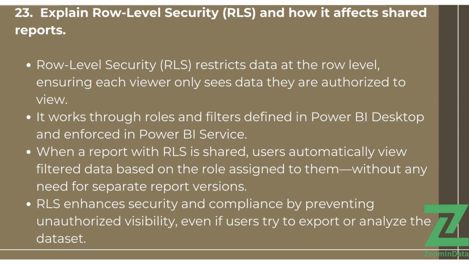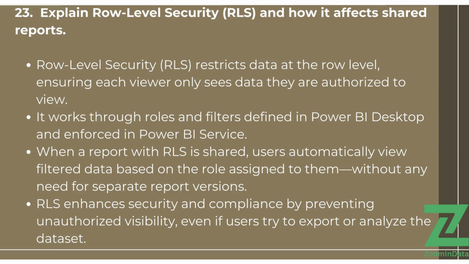23rd question. Explain row-level security, RLS, and how it affects shared reports. Row-level security, RLS, restricts data at the row level, ensuring each viewer only sees data they are authorized to view. It works through roles and filters defined in Power BI Desktop and enforced in Power BI Service.